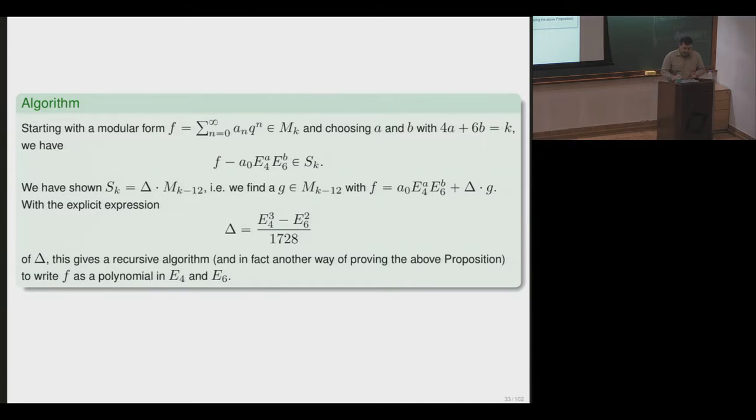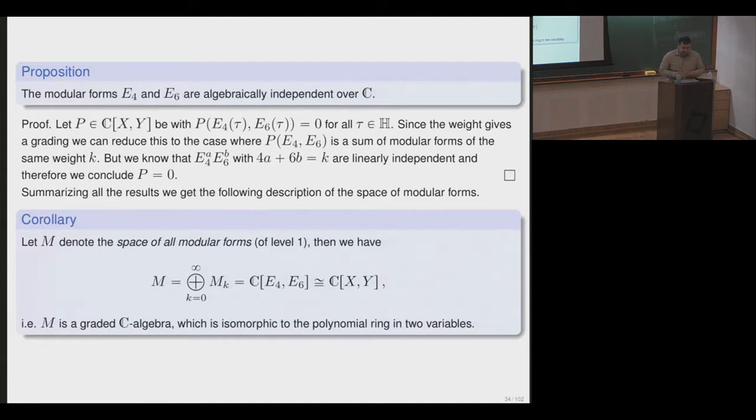Okay, and the next is, it could happen that E4 and E6 would satisfy an algebraic relation. But combining together what we have seen before, namely that the monomials in E4 and E6 do generate the vector space Mk, we see there's no linear relation between them.